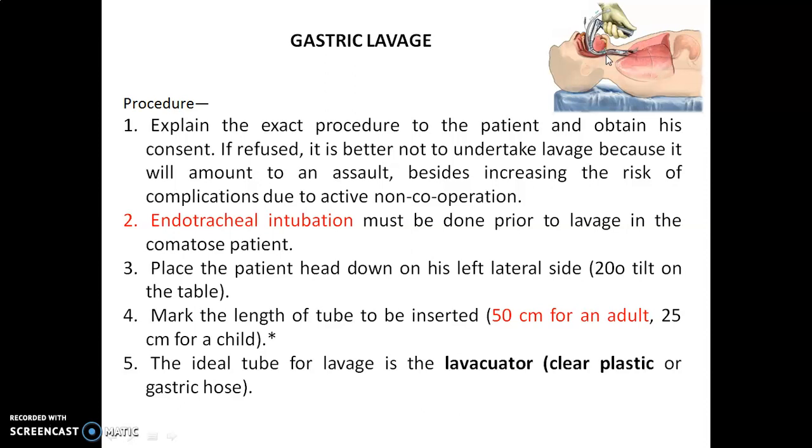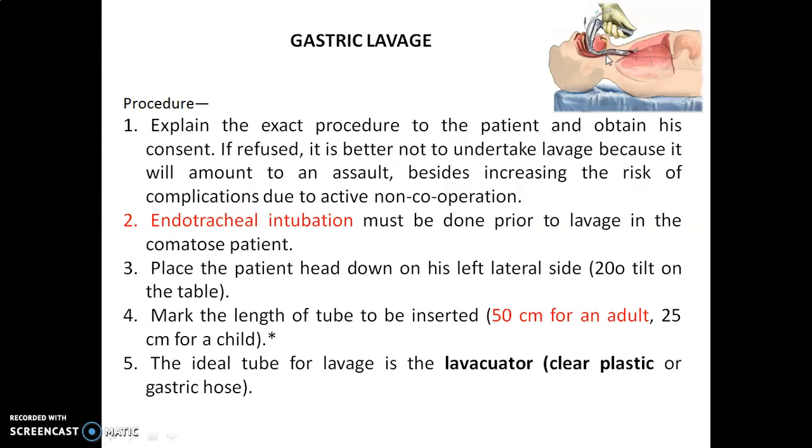A tube will be used to pass into the stomach. It is better to mark the length of the tube up to the point where you are going to insert it. For an adult, we can mark 50 centimeters, and for a child around 25 centimeters, and up to that mark it can be inserted very easily.